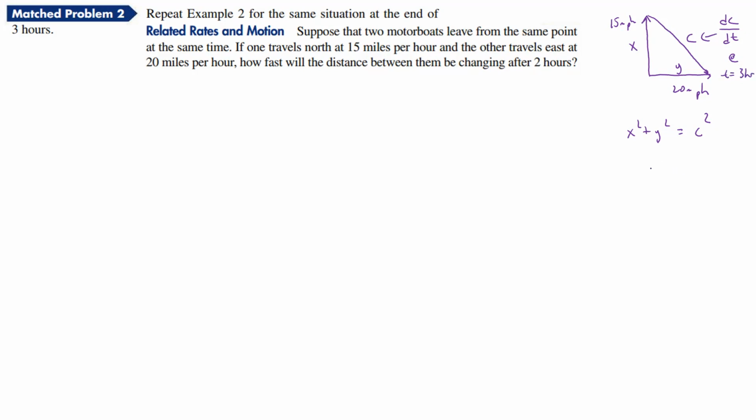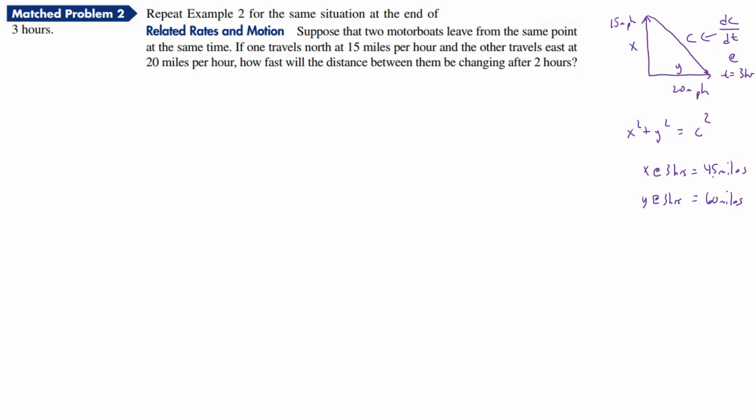Okay, so what do we know? If after 3 hours, what do we know about x? Well, x at 3 hours is equal to 3 times 15, so they've gone 45 miles. Y at 3 hours, on the other hand, if they're going 20 miles an hour, is going to be 60 miles.